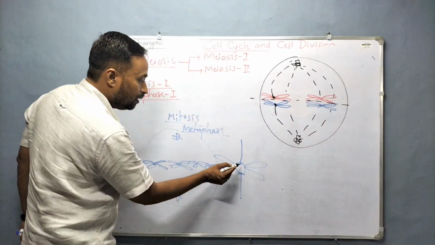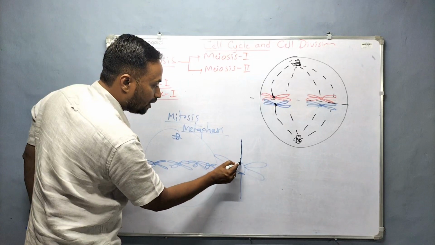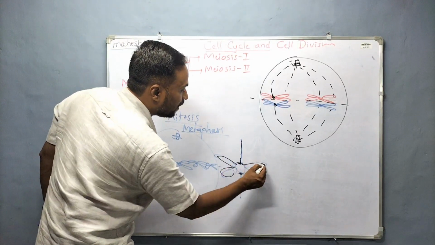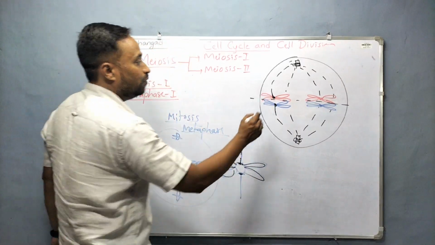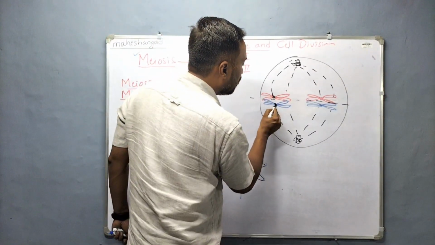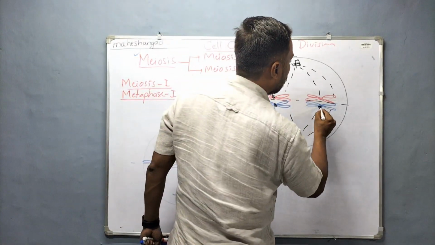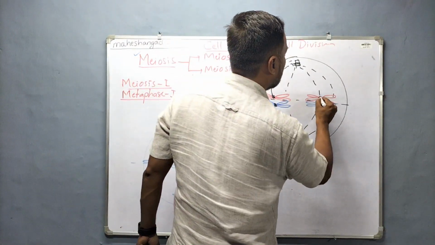In mitosis, the spindle fiber attaches to the kinetochore of the centromere of sister chromatids. But here, the spindle fiber attaches to the kinetochore of the homologous chromosome. That was the big difference.